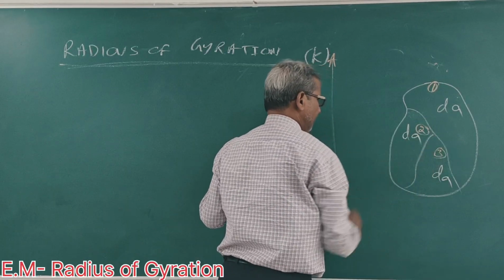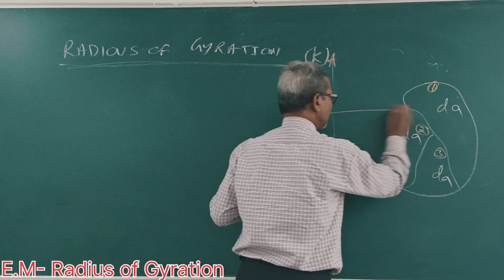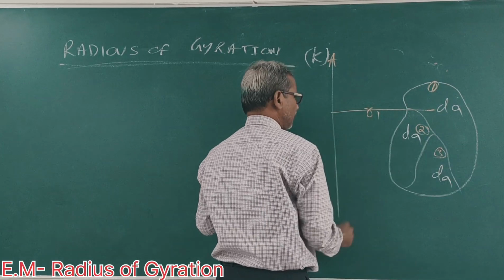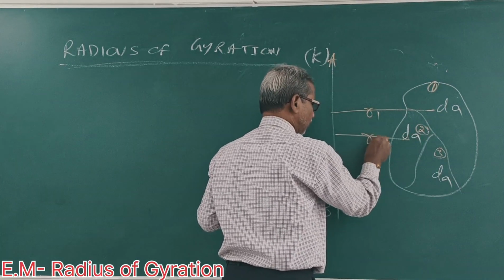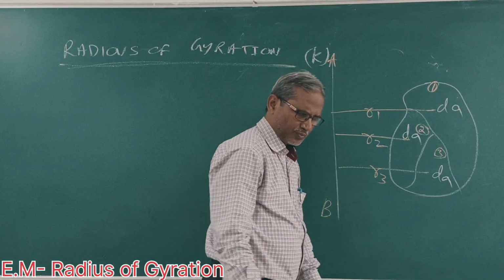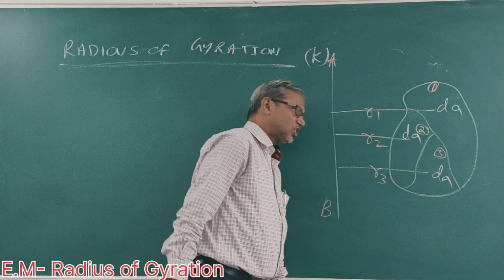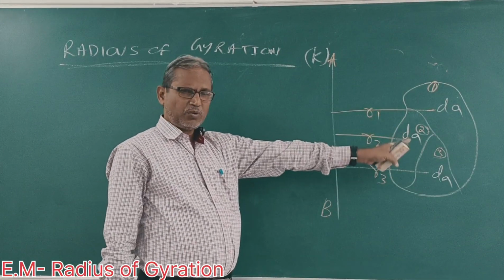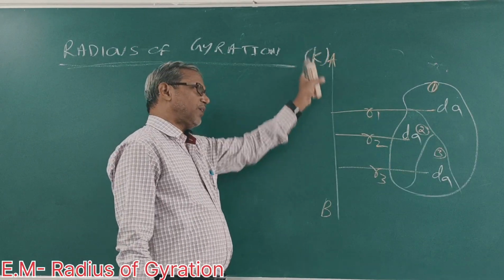Suppose the distances are R1, R2, R3. Clear? So first find out the moment of inertia of this figure about axis AB.